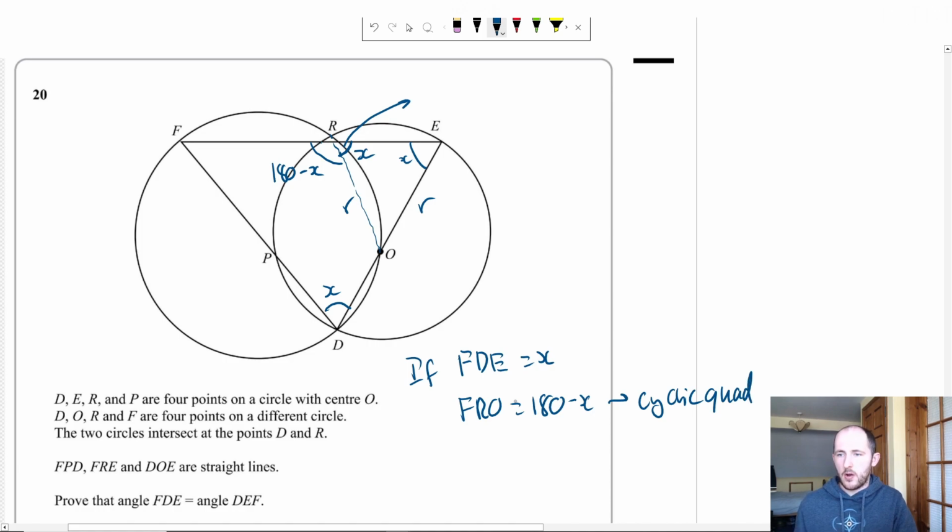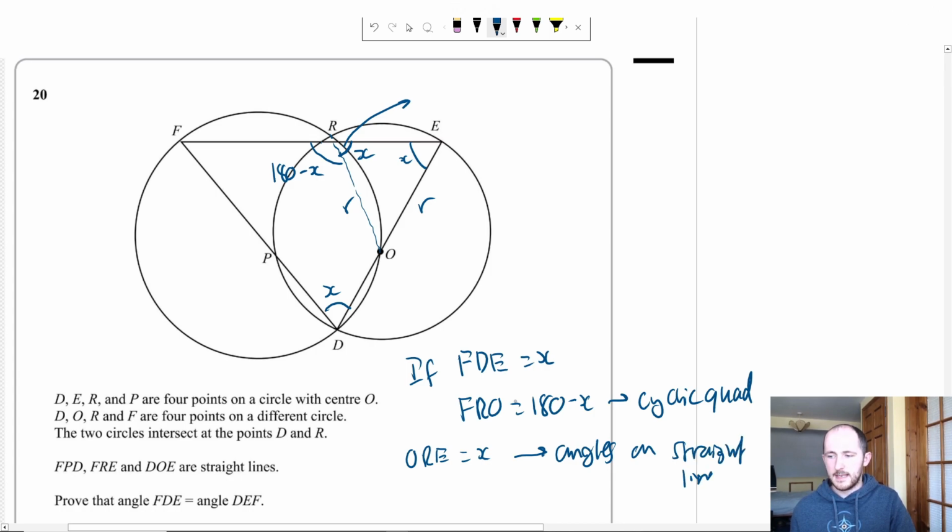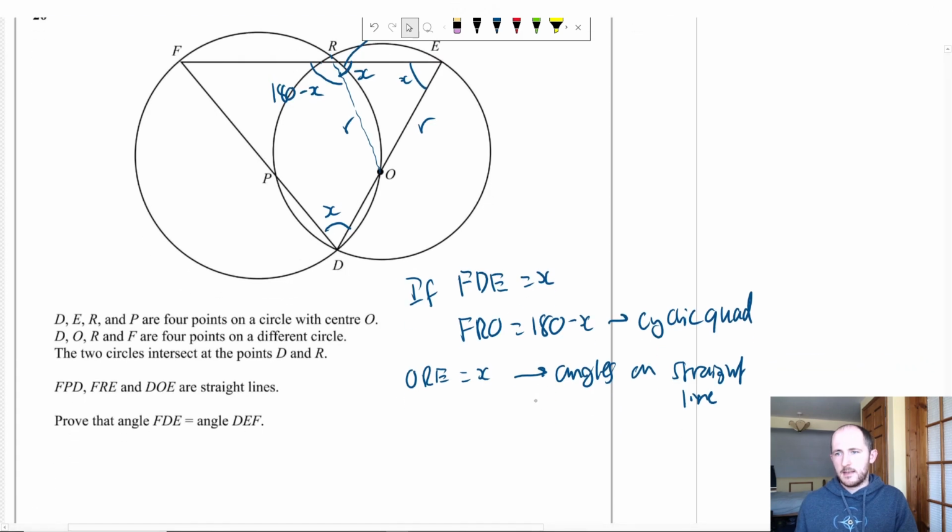Then you can say that ORE therefore equals X because angles on a straight line will add up to 180. So again, 180 minus X, what do I add to get to 180? I add X, right? And then lastly, DEF equals X because of base angles in an isosceles triangle.